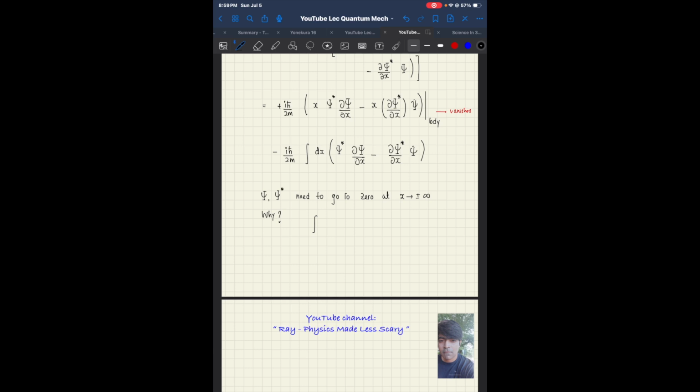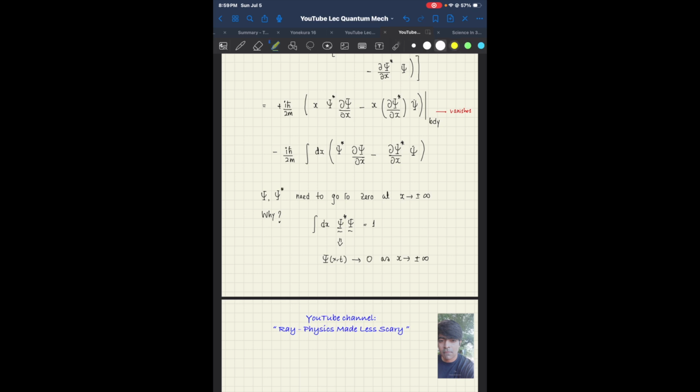Because you need to demand, recall that in the first lecture, we had said that this guy needs to be 1, properly normalized. There's a normalization factor for this size, but that's just a constant function. This needs to be 1, which implies that necessarily your ψ(x,t) needs to go to 0 as x tends to plus minus infinity, which is the boundary in this case.